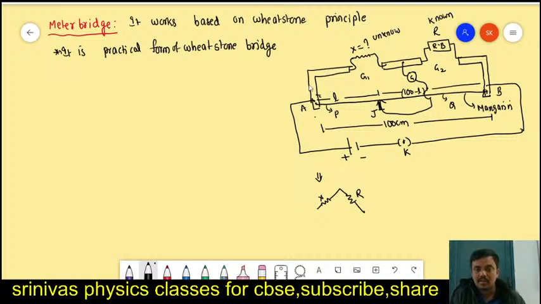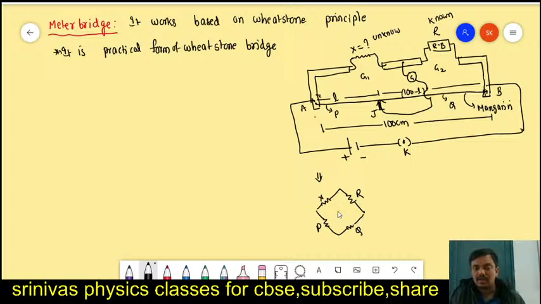This X is connected to the AJ wire. The AJ wire is a manganese wire, a resistance wire. That AJ wire resistance we are taking as P, and AJ is connected to JB.